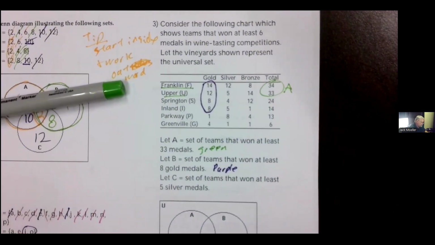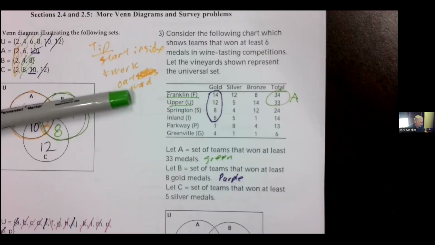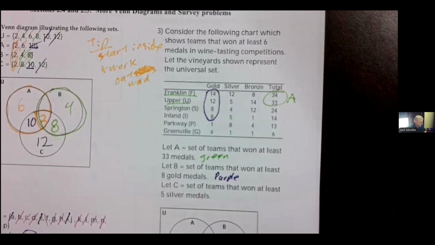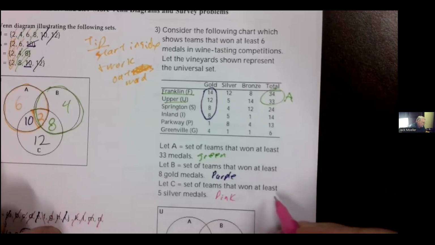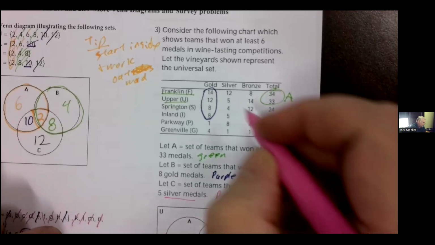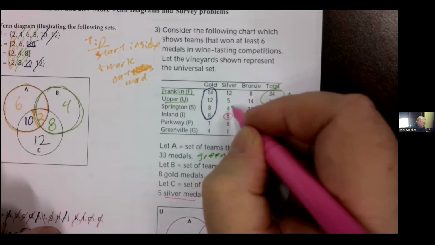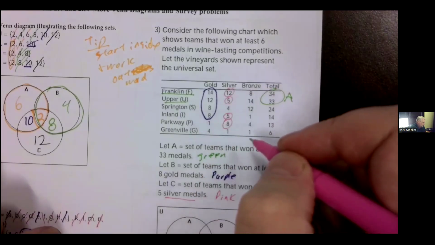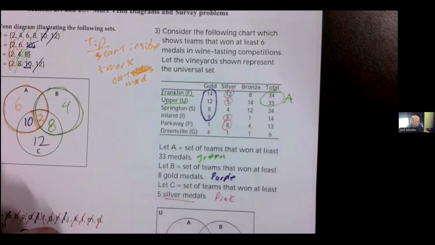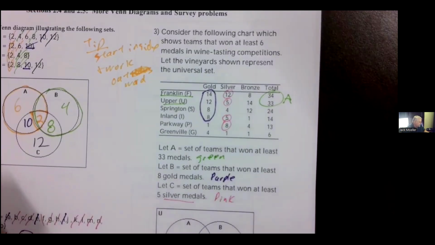And let C be the set of teams who won at least 5 silver medals. Let's do pink. So at least 5 silver medals. Those aren't in order like the gold are. So again, that'll be everybody but Springton and Greenville.